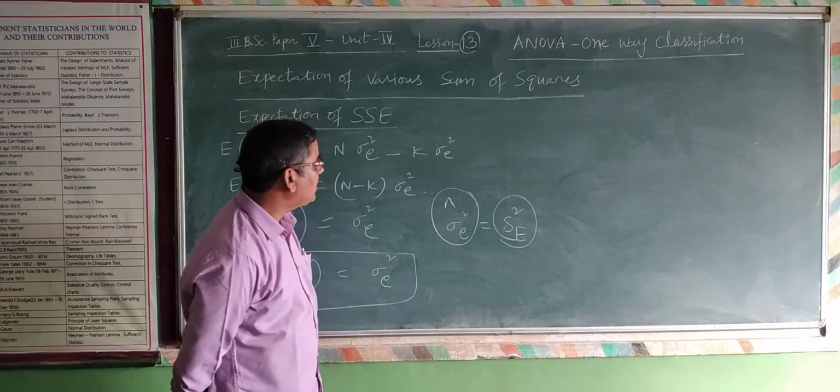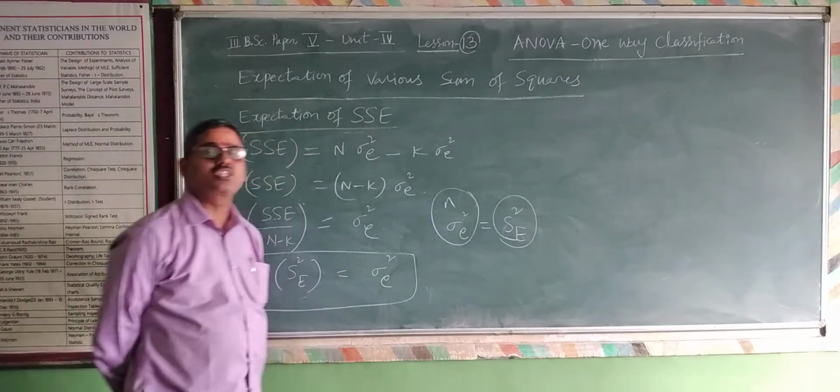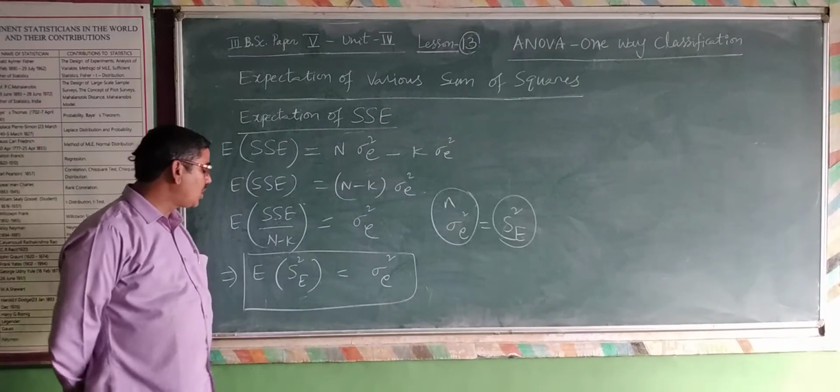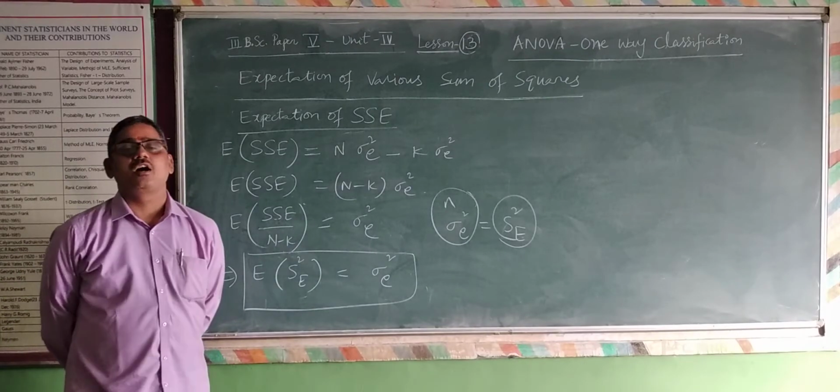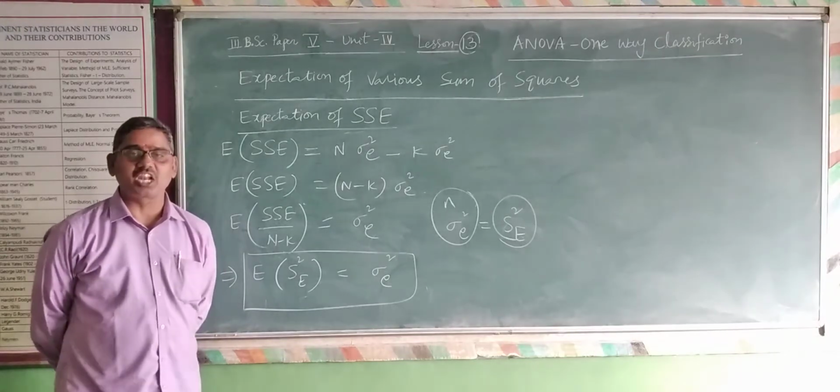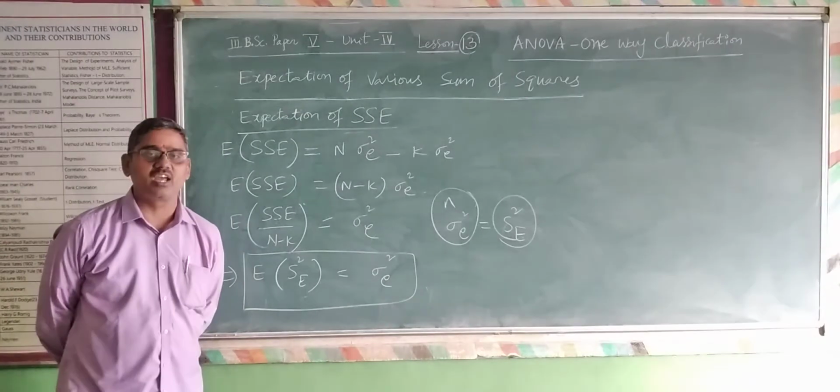Therefore, sigma square e can be estimated with the help of s square e. So these are the results: expectation of s square e is equal to sigma square e, the error variance.